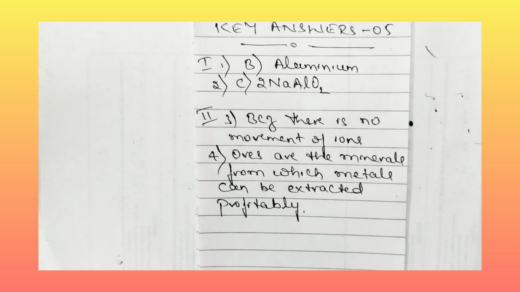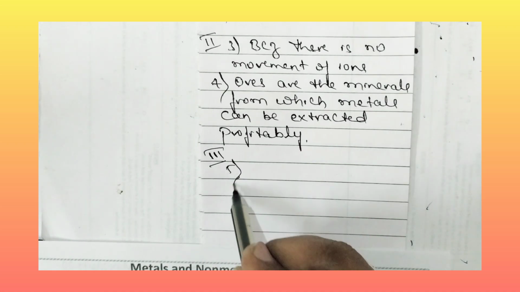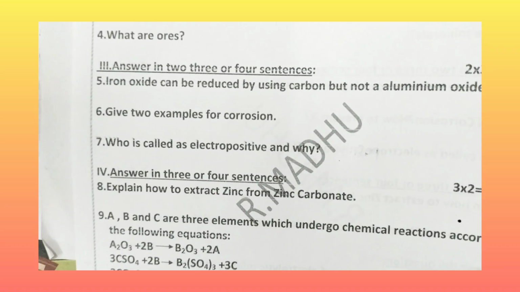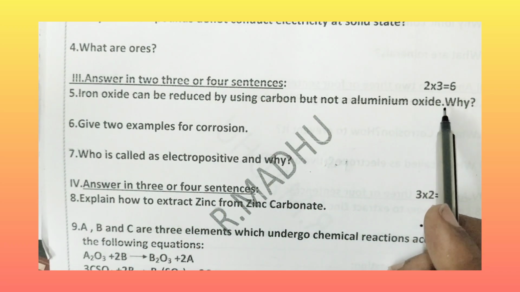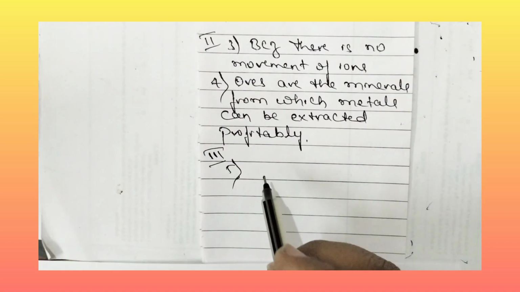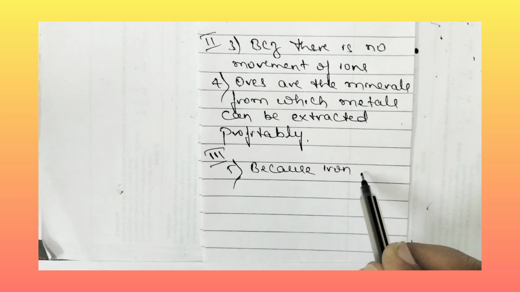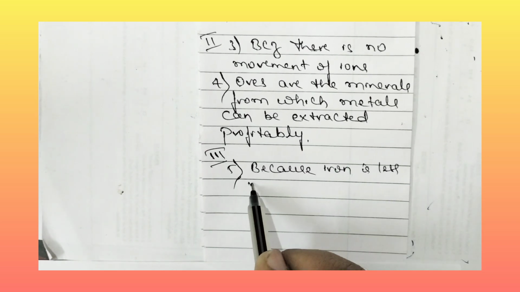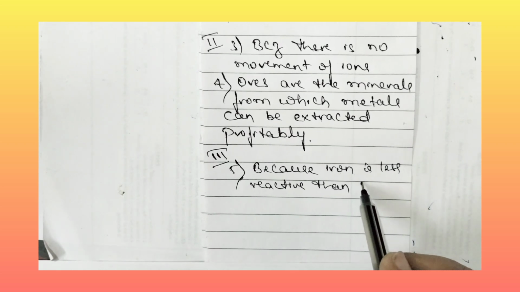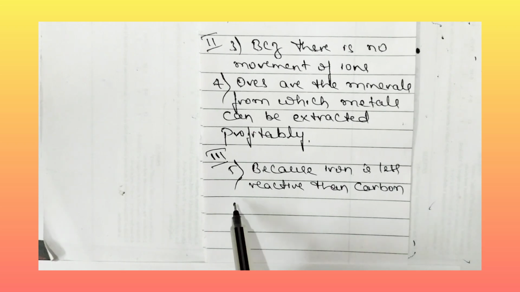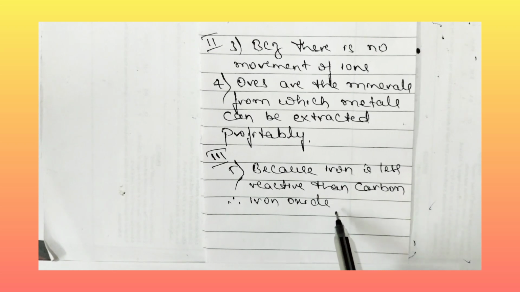Now let us move to the third main question, number 5. Iron oxide can be reduced by using carbon but not aluminium oxide. Why? Because iron is less reactive than carbon. Therefore iron oxide is reduced.